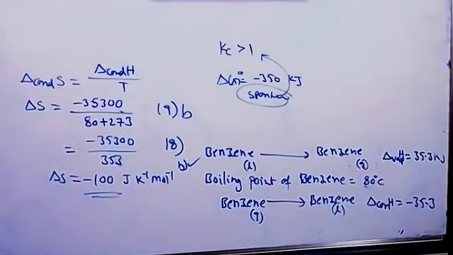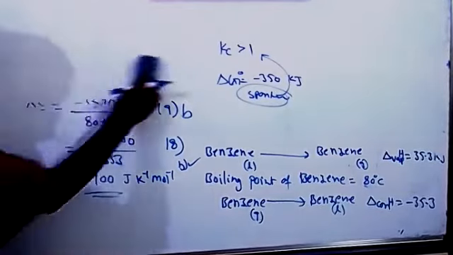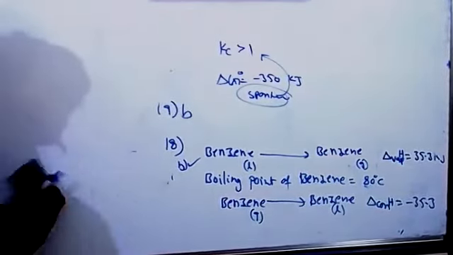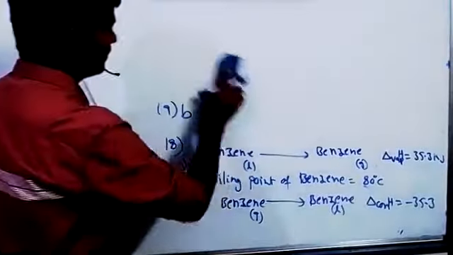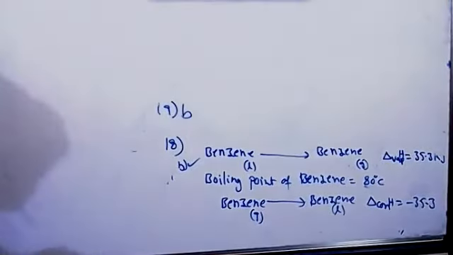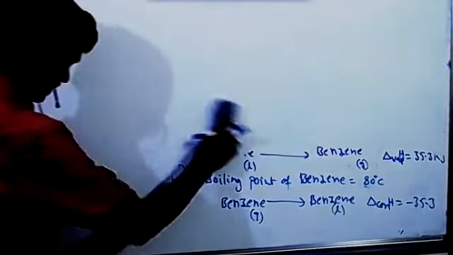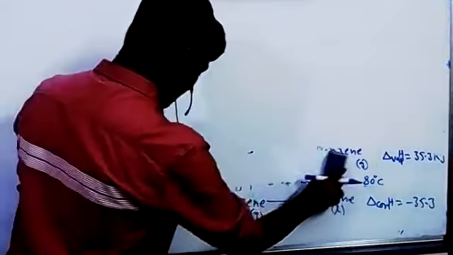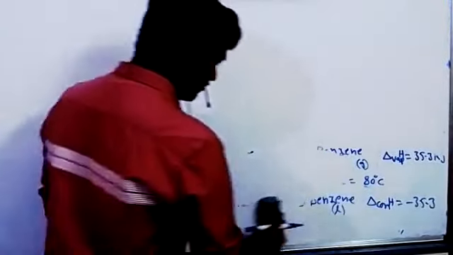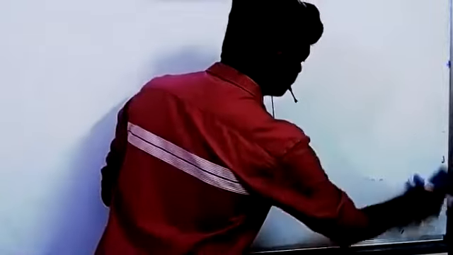(20) Based on the first law of thermodynamics, here option A is given. For isochoric process, delta U is equal to minus Q. Okay, I will apply.